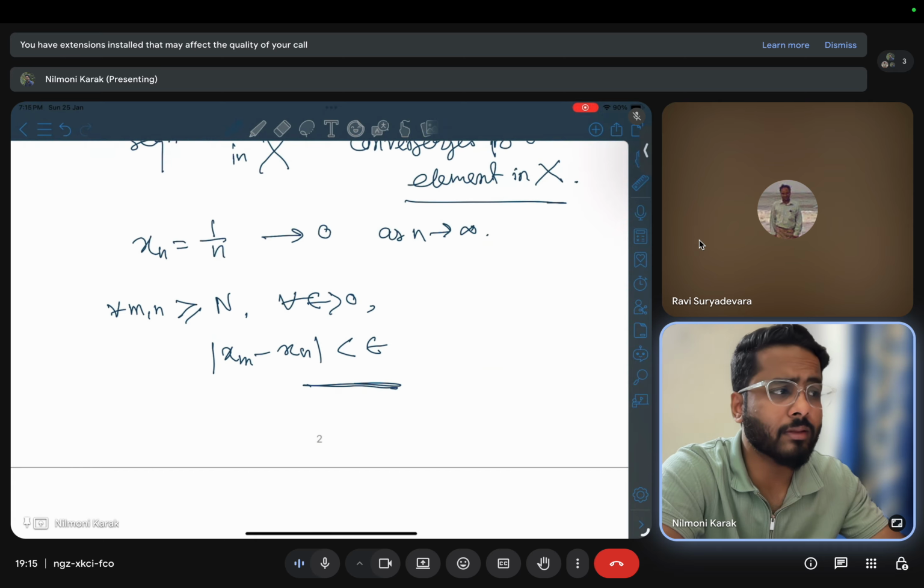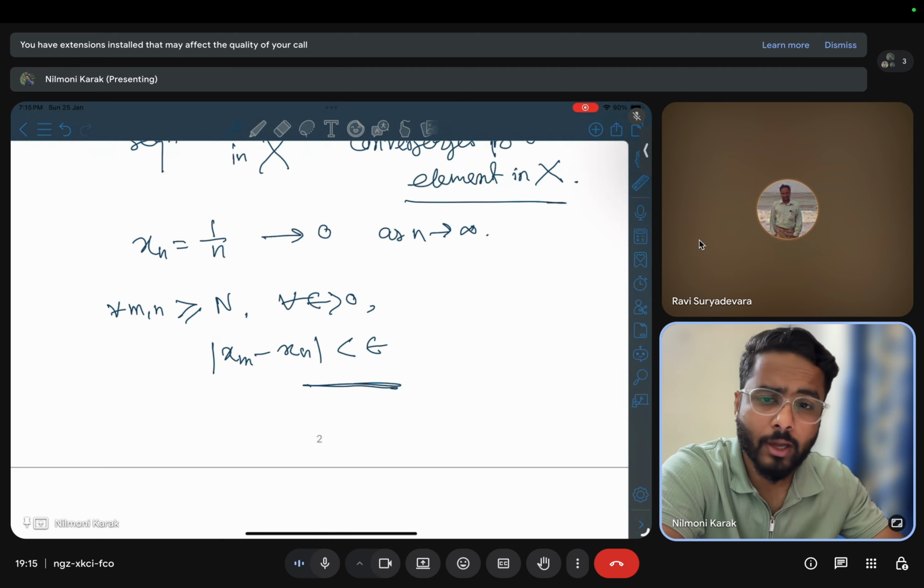If you take a Cauchy sequence, it will converge to an element either in the set X or outside the set X. If it converges inside the set, then it is a complete space.